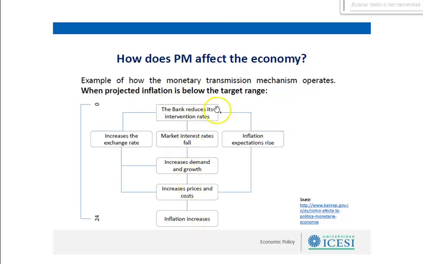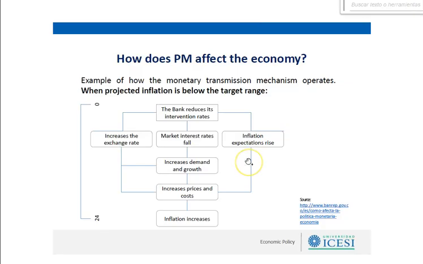And then we have the fourth mechanism, which is that when the central bank carries out this expansionary policy of reducing the interest rate, then the expectations of economic agents will rise. So their expectations about inflation will increase.